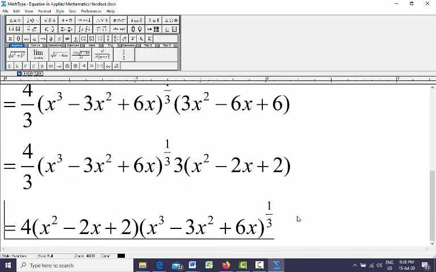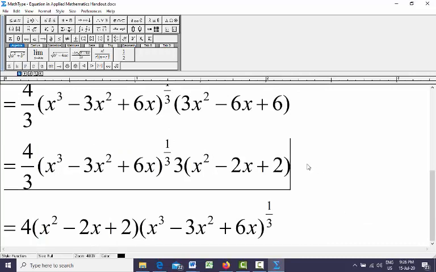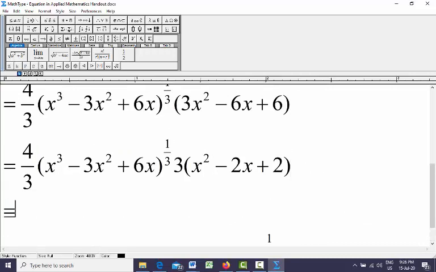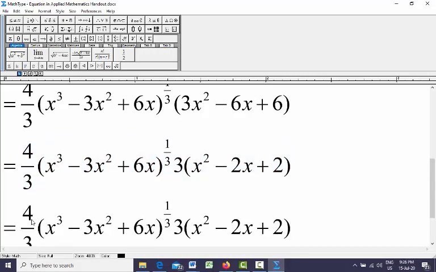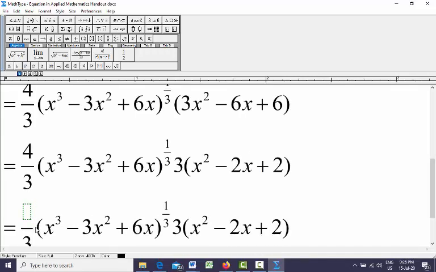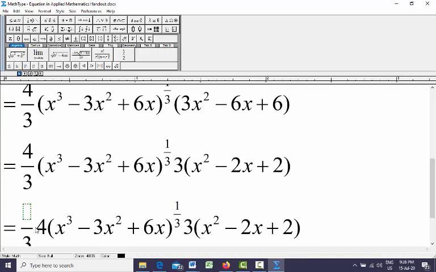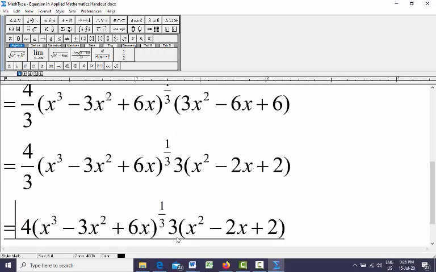let me write another step here so it will be clear for you. So it will be like this, because this 3 and this 3 will cancel each other out.